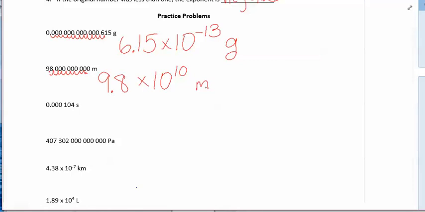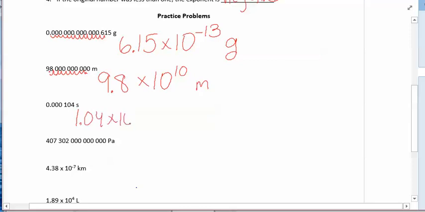The next number here, doing the same thing, it's going to be 1.04 times 10 to the 1, 2, 3, 4, negative 4th power. Notice how I'm including my units here as well. This is seconds. You want to make sure you're including your units along the way.